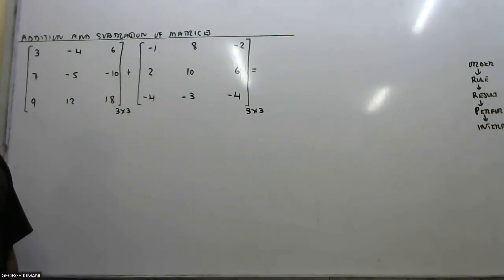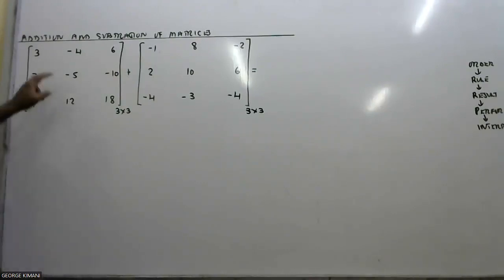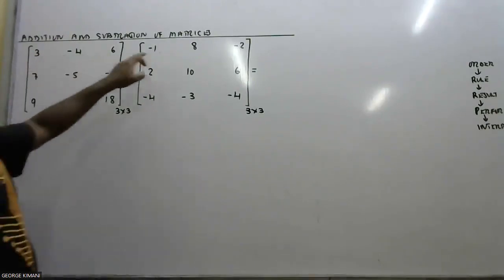Now from there, you add or subtract corresponding elements. So now this will be 3 plus -1.